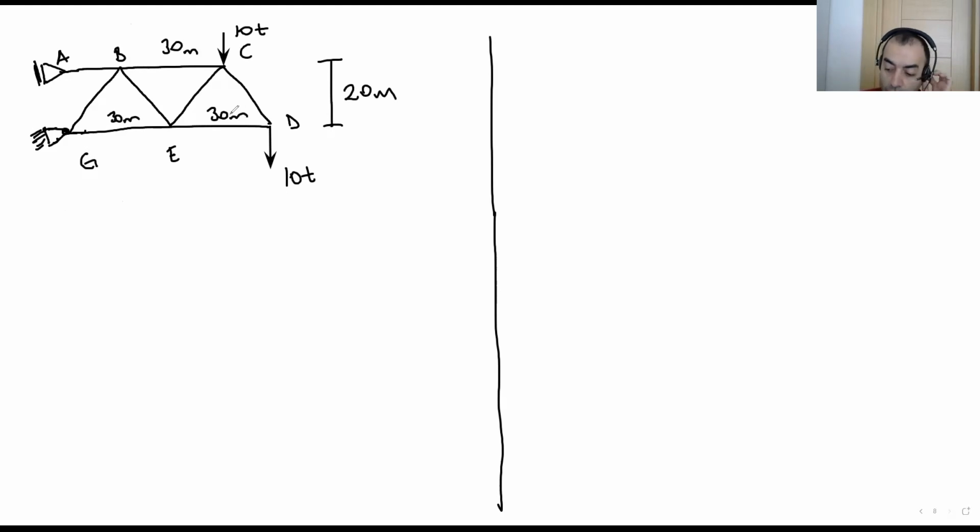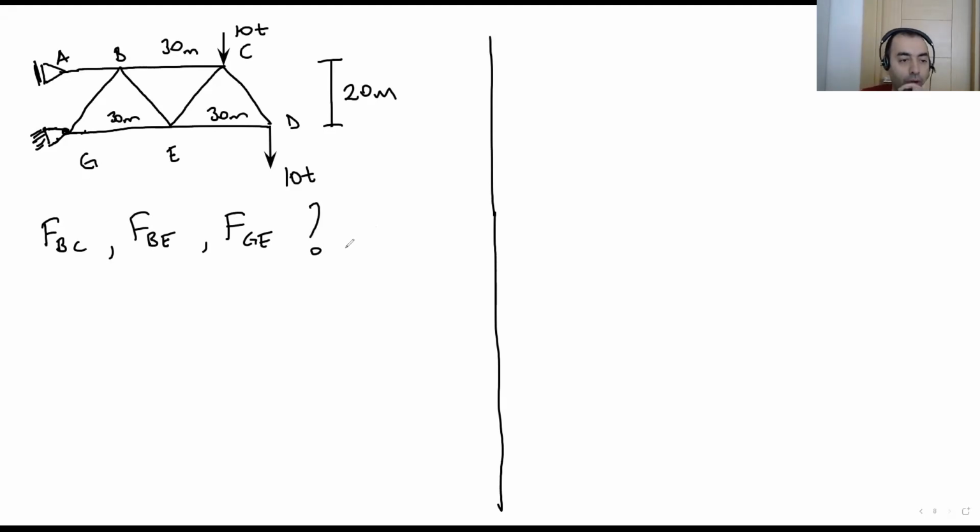Okay, so here the question is, as you can see, the supports and the dimensions here. For example, I'd like to have FBC, FBE, and FGE.